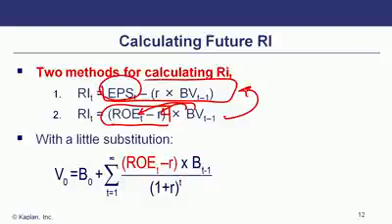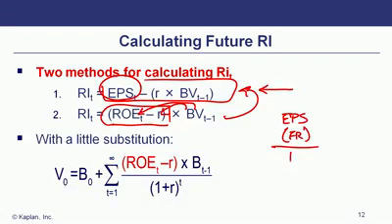So it's the same equation. The question is how you actually want to do it. If possible, I typically stick with the top one because it's very simple: EPS minus a fair return gets me to my residual income, and I know how to calculate these.